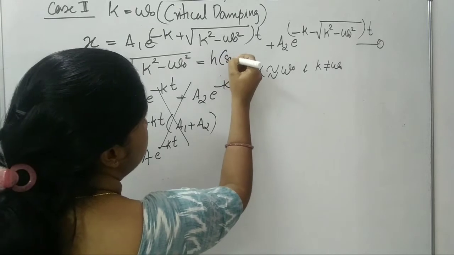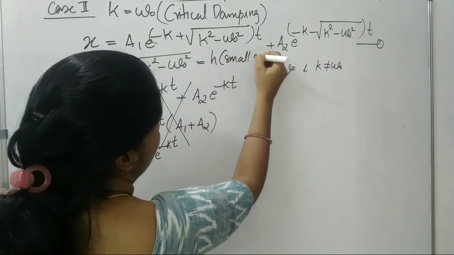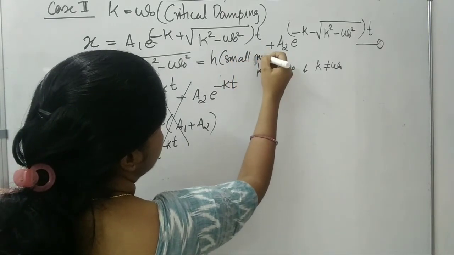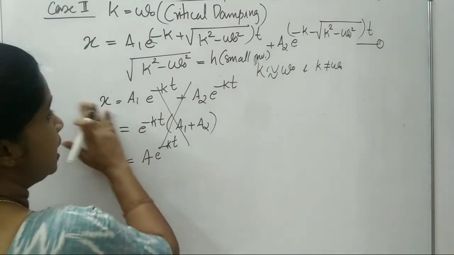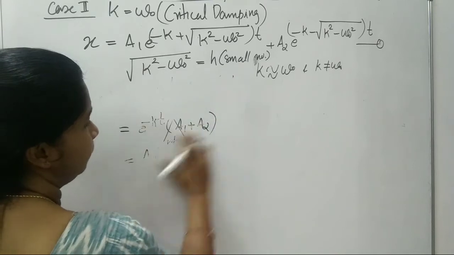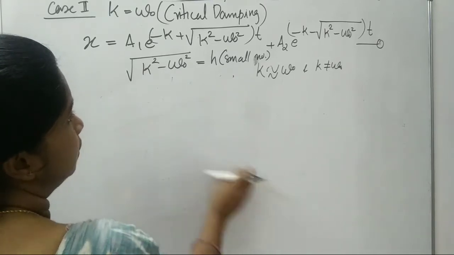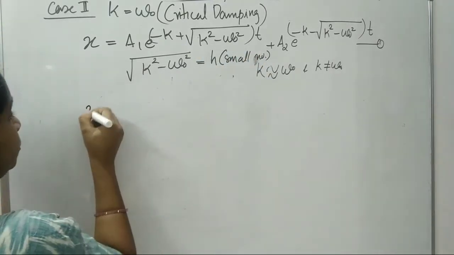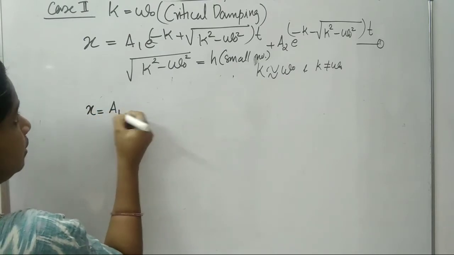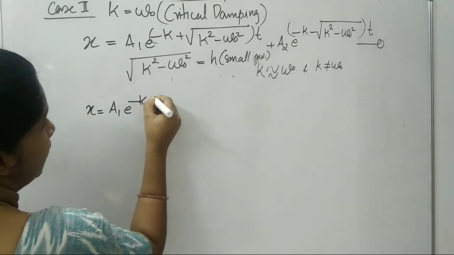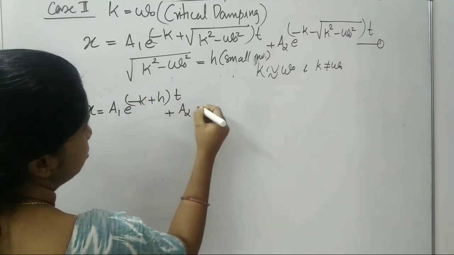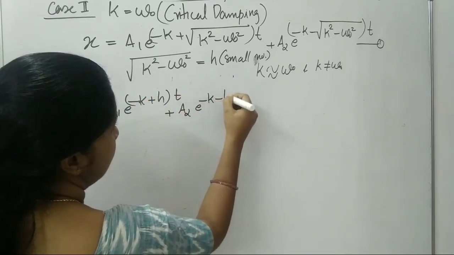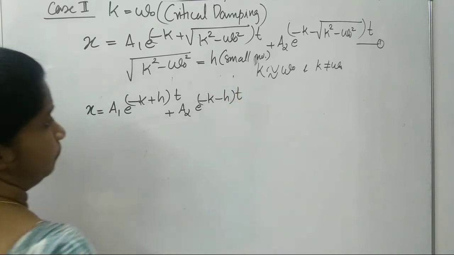Okay, so we can substitute h as a small quantity or a small number in equation 1. So the equation modifies as x equal to a1 e raised to minus k plus h into t plus a2 e raised to minus k minus h into t.